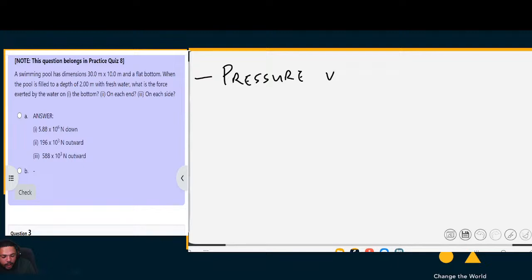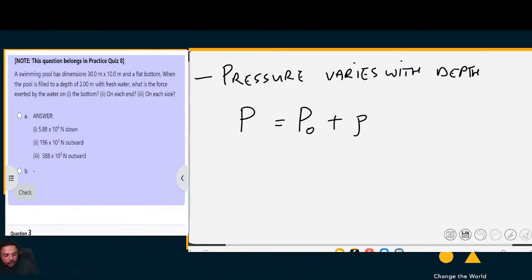Pressure varies with depth. According to this law, the total pressure is equal to the initial atmospheric pressure plus the density of the fluid it's in times the gravitational acceleration times the height, or the distance it is beneath the water. Usually it's water in this case.